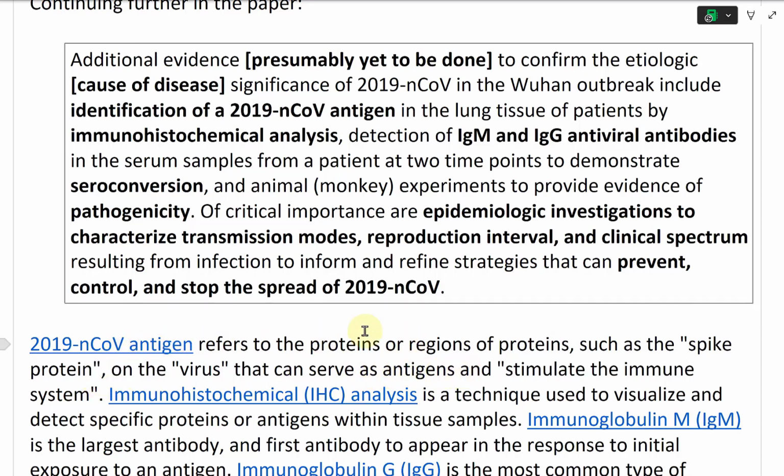So those are the antigens, basically specific proteins or regions of proteins on the virus. I'll put this in brackets, such as the spike protein. So the spike protein can be viewed as an antigen. And again, the spike protein, whatever, that's supposed to be the part of the solar corona around the virus, but that's questionable in my opinion as well.